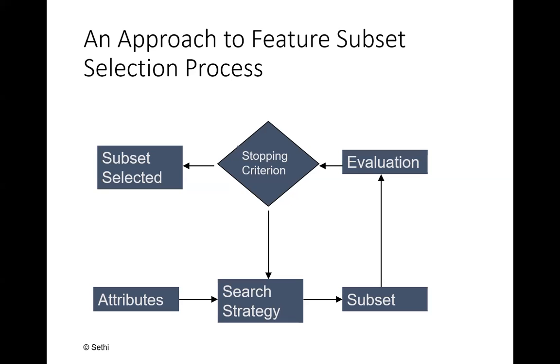So you have an evaluation criteria, all right? And as you go over different possible subsets, at some point you need to stop. Otherwise, you will keep on going through your search process, all right? So you define some kind of stopping criterion. And once you hit that, you can say that you have selected your subset, all right? So this is an approach which we call the feature subset selection process.